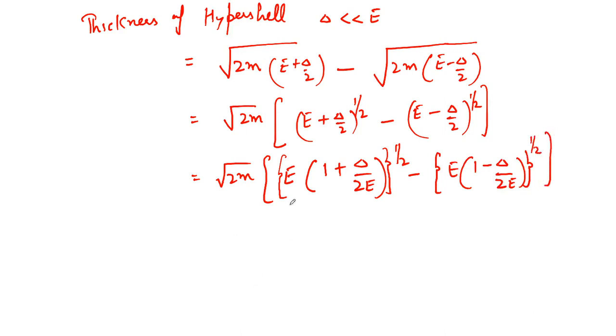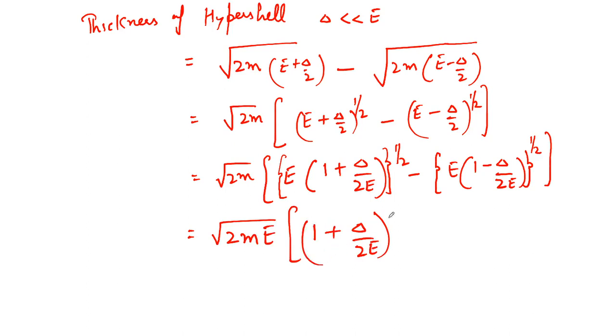Now this e is common in both terms and it is under root of 2, so we can keep root 2e outside, and within this bracket this becomes (1 plus delta over 2e) under root minus (1 minus delta over 2e) under root.